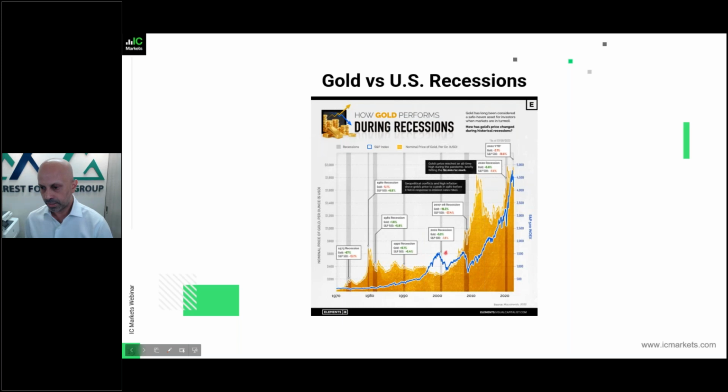Okay. Similarly, in 2000, when we had the tech bust, or the dot-com bubble, we saw equity markets pulling back sharply. We saw gold price dropping and bottoming in the middle of the recession. And as we came out of the recession, that was when gold price started to rise.